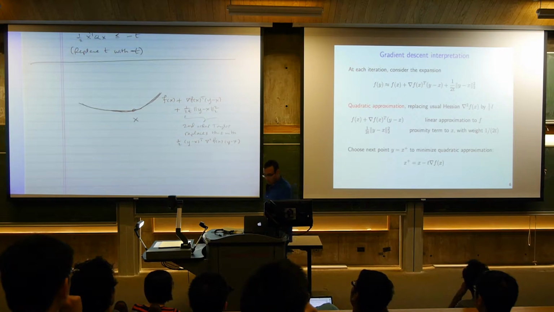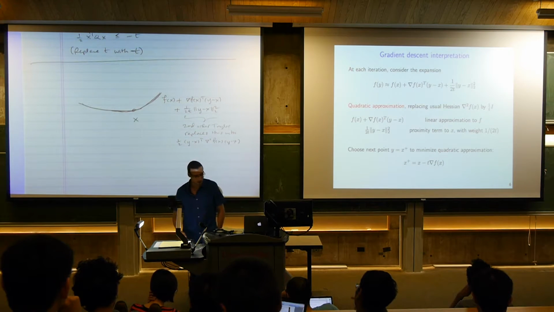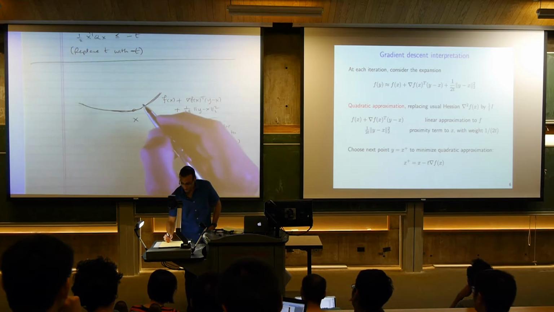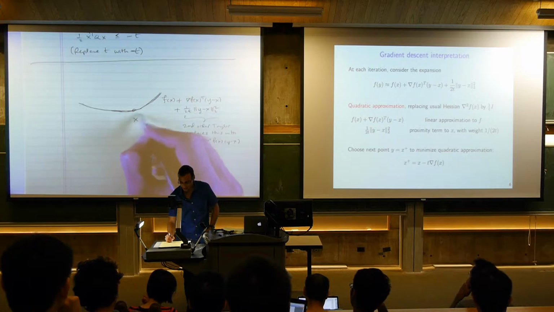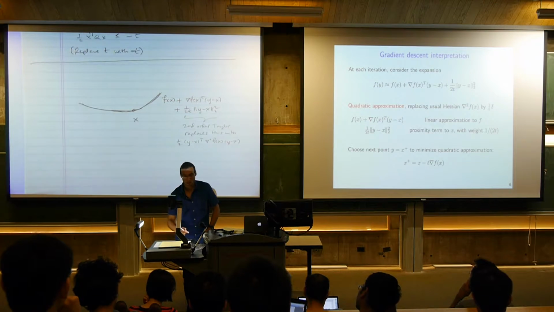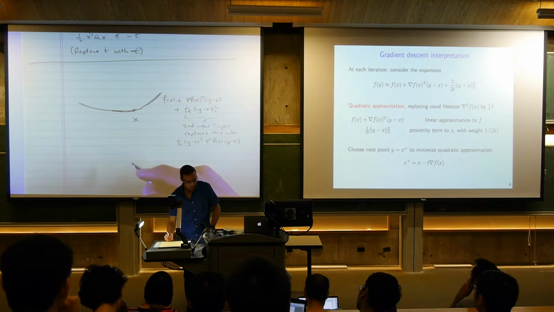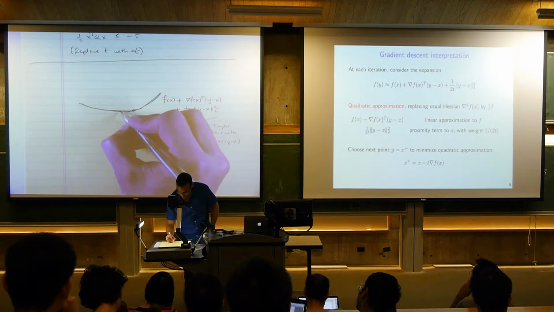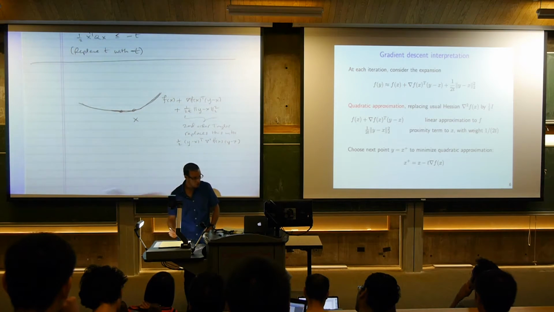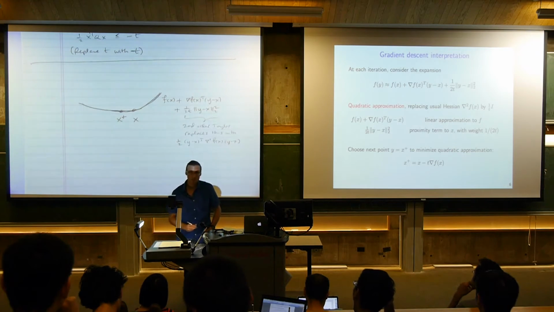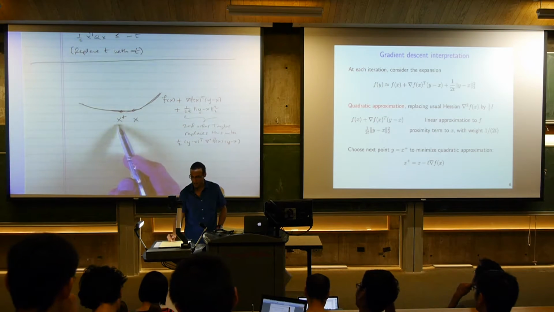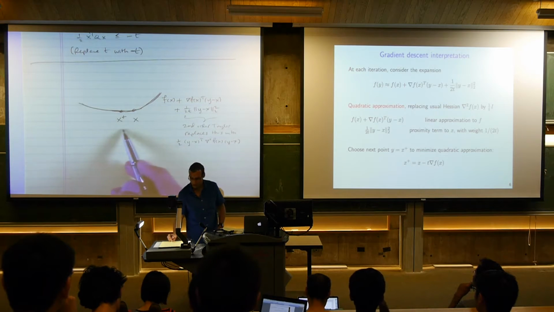And what I can think about gradient descent as doing is choosing the next point to minimize this quadratic approximation. So I'm at x, and suppose I want to update. My optimization procedure is going to choose a next point, and let's call that next point x plus. So this would be like xk, and that's xk minus 1. It's just a different way of writing it.